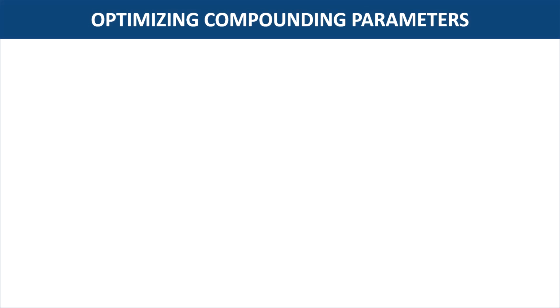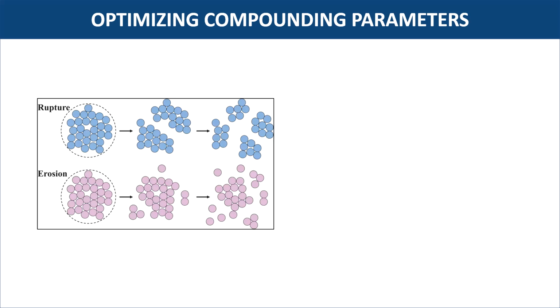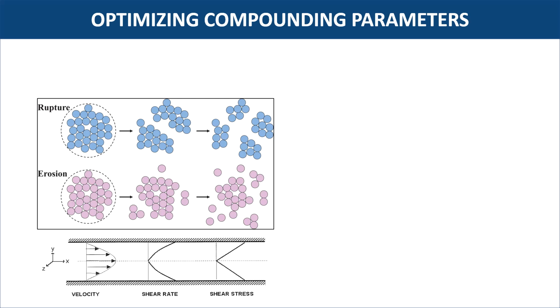Before discussing process parameters, let's first try to understand the mechanism of dispersion and distribution. During melt mixing, dispersion takes place by two mechanisms called rupture and erosion. Rupture mechanism is breaking of large agglomerates into smaller pieces, and it will depend on the amount of shear stress and melt viscosity.